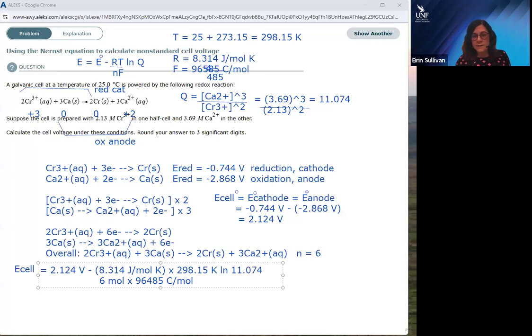Make sure that you enter this in your calculator carefully, using parentheses where required, etc.